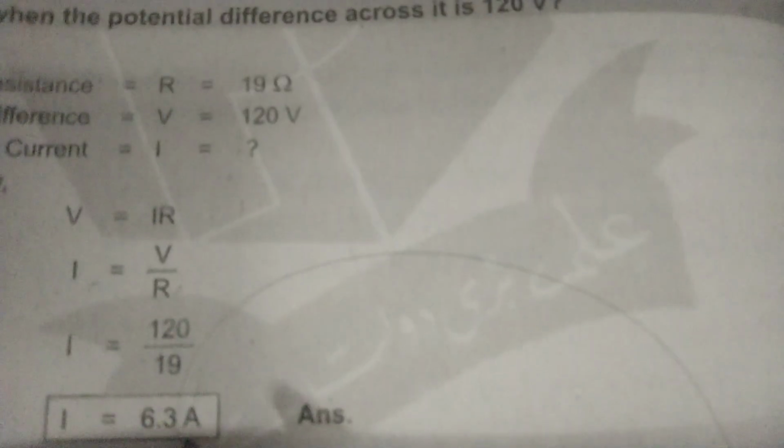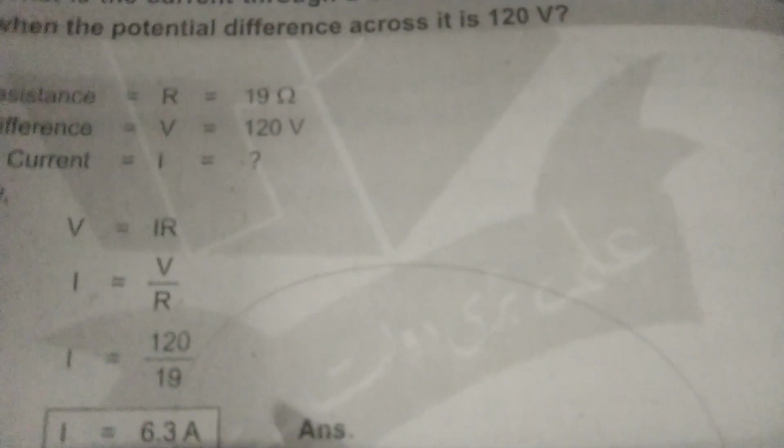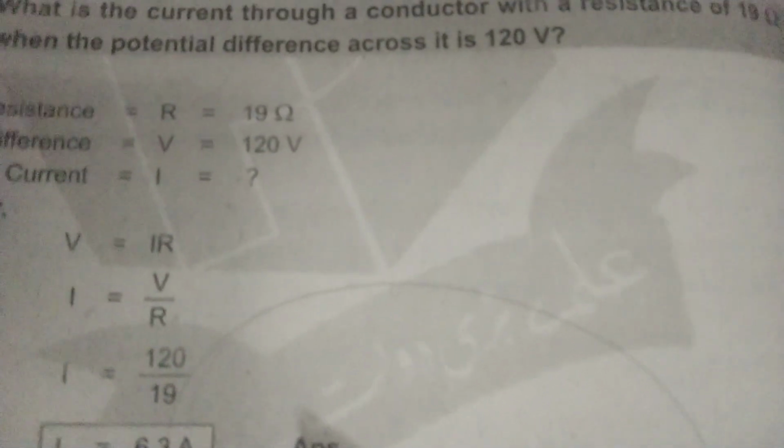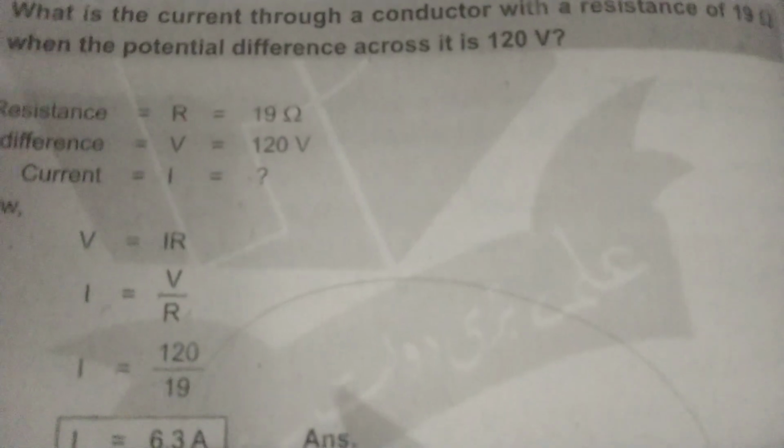Here we have to find I, so I is equal to V upon R. Substituting the values, 120 divided by 19, the answer is I is equal to 6.3 ampere. Simply you can solve this problem. This problem is important for all kinds of exams students are interested in.